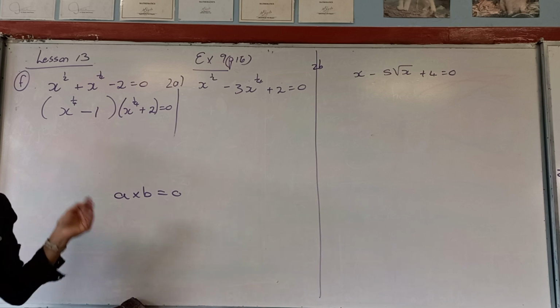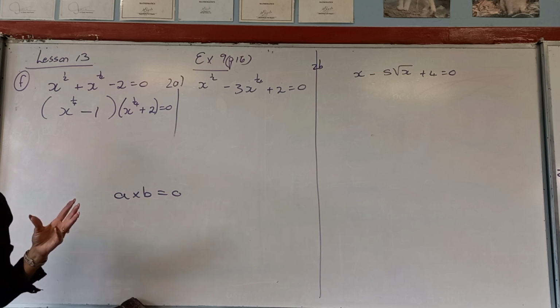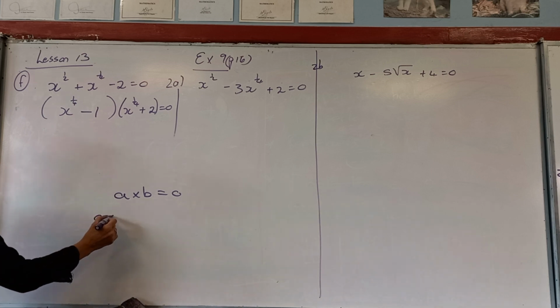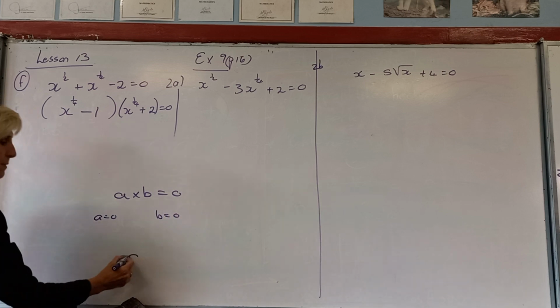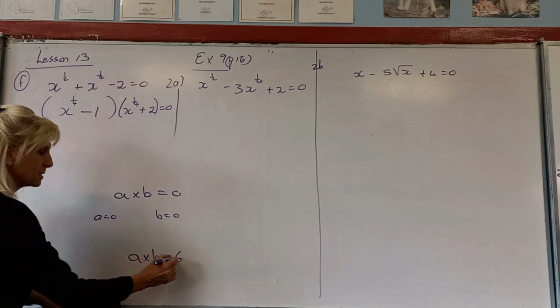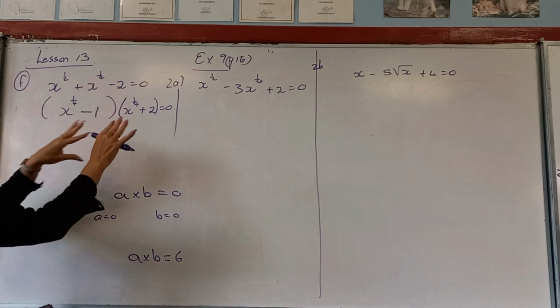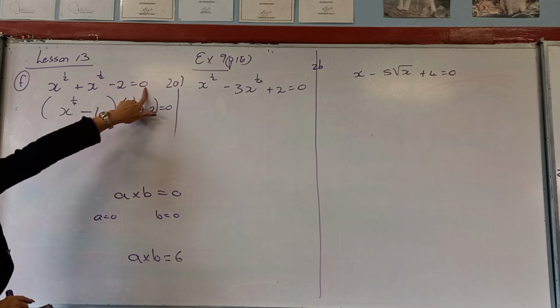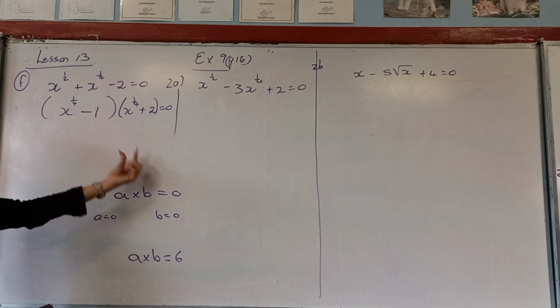One of them has to be 0 to give a product of 0. That's the only way. So therefore either A must be 0 or B must be 0. But if you have something like A times B equal to 6, does that mean one of them has to be 6? No. That's the reason why always we go for equal to 0, getting factors and then knowing that those two factors have each got to be equal to 0.